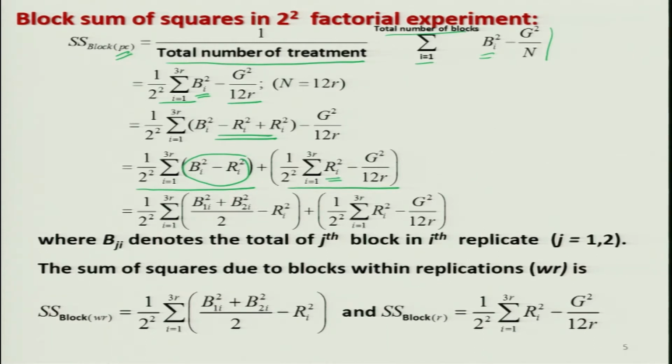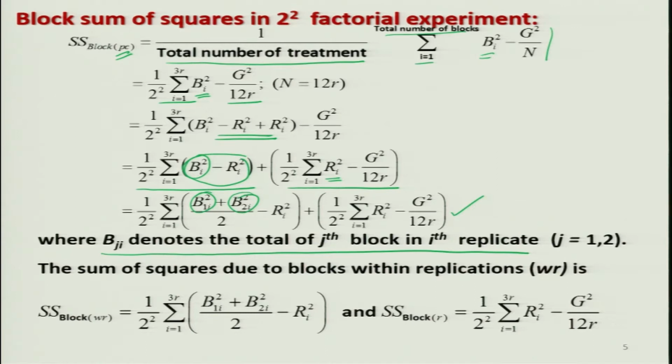Now, how are you going to compute this B_i square? I express it as B_1i square plus B_2i square divided by 2, minus R_i square, right, and this factor will remain as such. Here B_ji indicates the total of the jth block in the ith replicate, and j will go from 1 to 2, right.